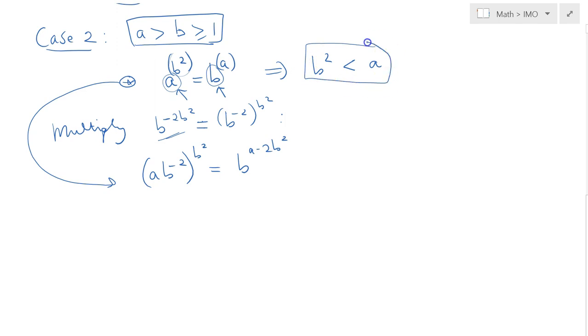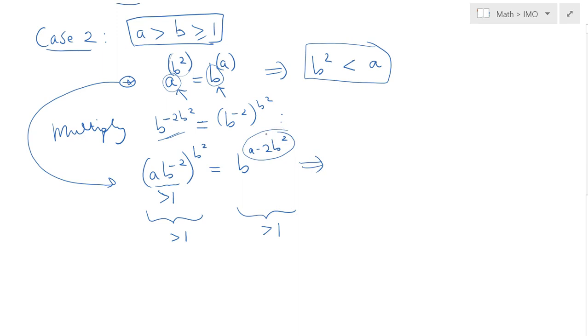But because of this inequality, we observe that this inside the parentheses is strictly greater than 1, suggesting that the whole left hand side is greater than 1. So therefore the right hand side should also be greater than 1, implying that the exponent cannot be negative.